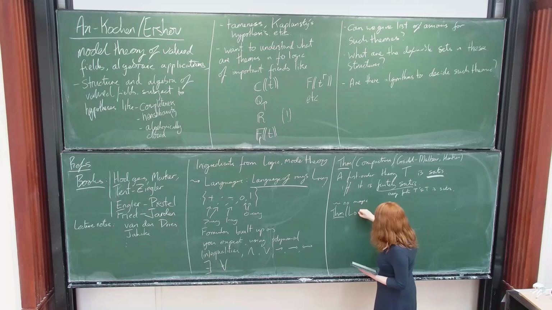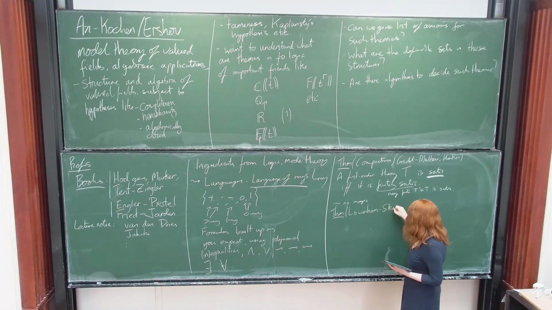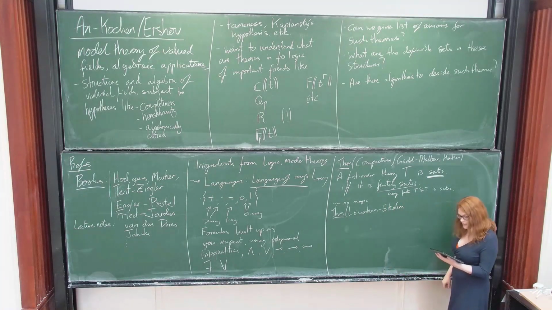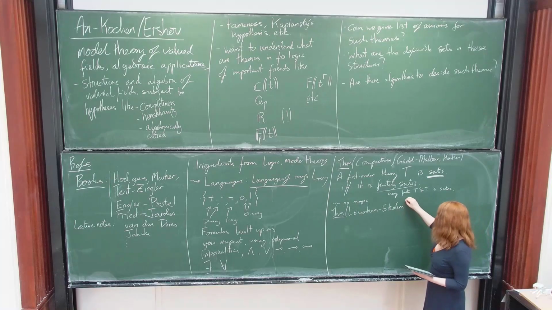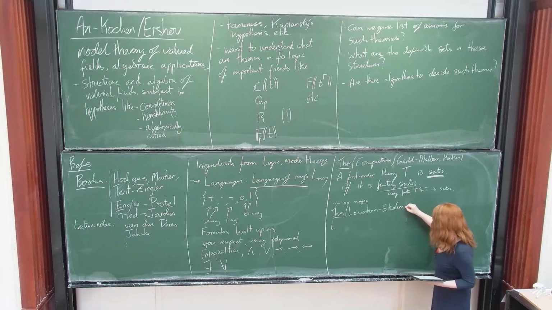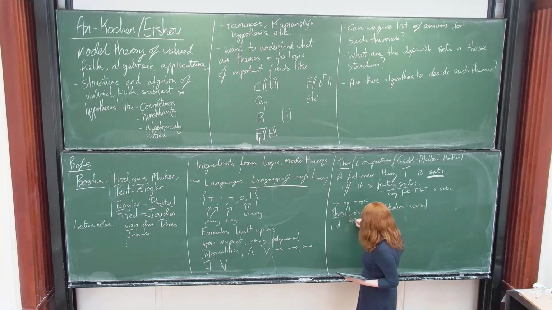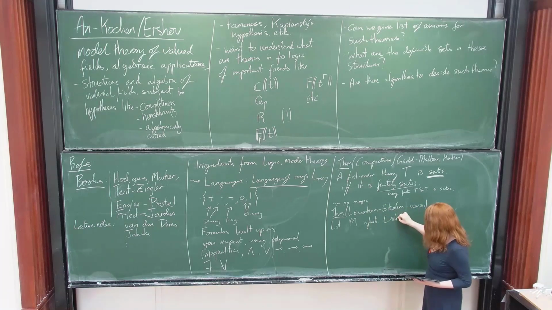the Löwenheim-Skolem theorem. At the same time as telling you what this theorem is, I want to remind you perhaps about elementary extensions. This is a version of Löwenheim-Skolem. So let M be, let's just say an infinite L structure.